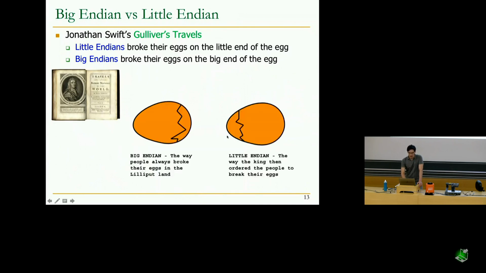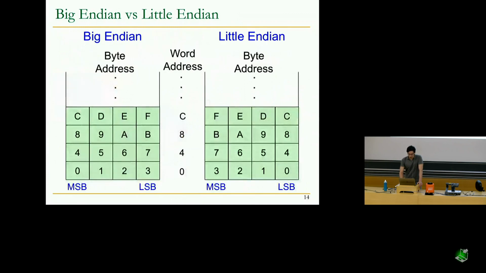So the little Endian broke the egg here, the big Endian broke the egg here. So back in the 80s, someone decided that this was a good way to explain how the bytes were addressed in memory. So that's why we have these 2 types of memory, depending on the Endianness, the big Endian and the little Endian.